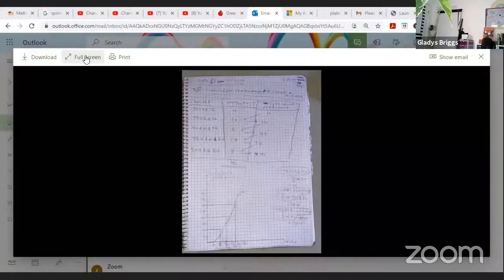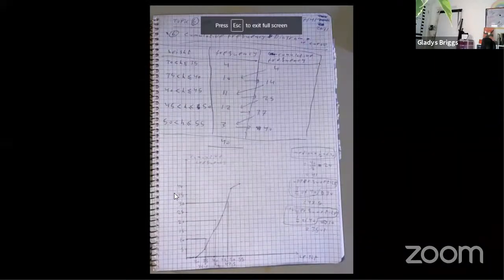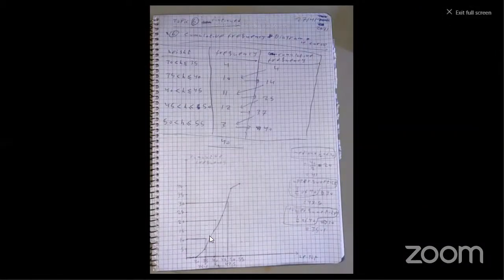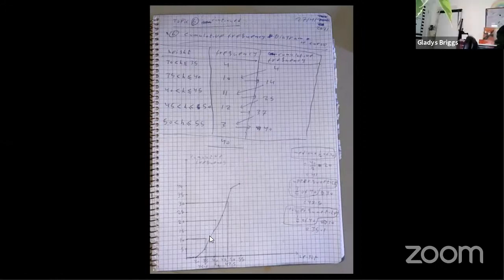Who is this? Yusuf, okay. So you said this is yours. And let's have a look. You need to use graph paper, okay? You need to use graph paper to draw your graph so that your answers are more accurate.